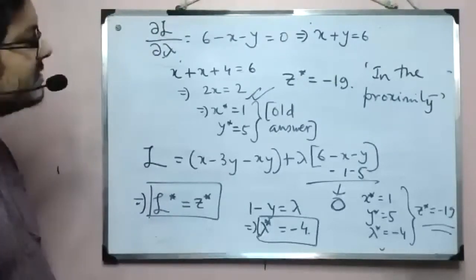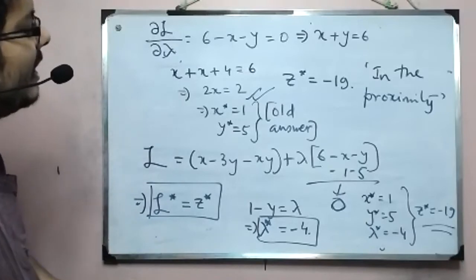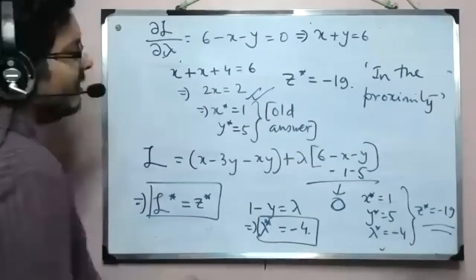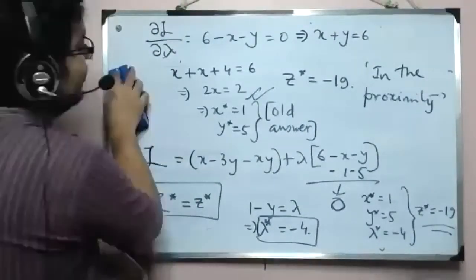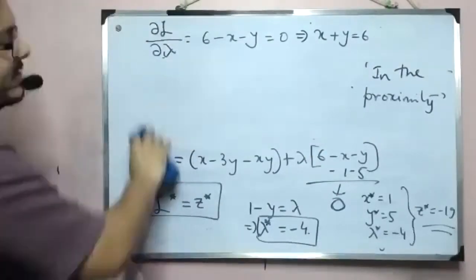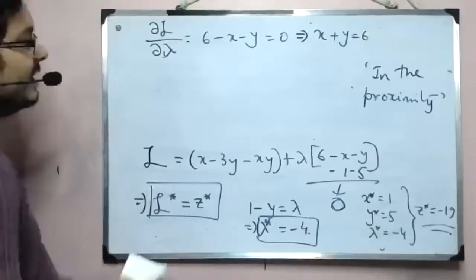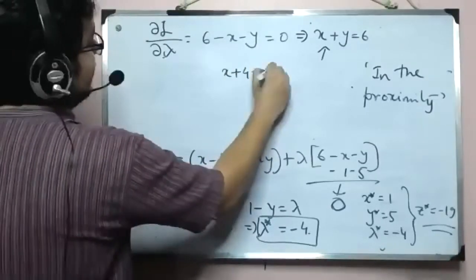Here, because of two variables, we have this necessary condition that we found in the middle while solving the problem. We found a relationship from the first order condition, which we substituted here, and that condition was x plus 4 equals y.